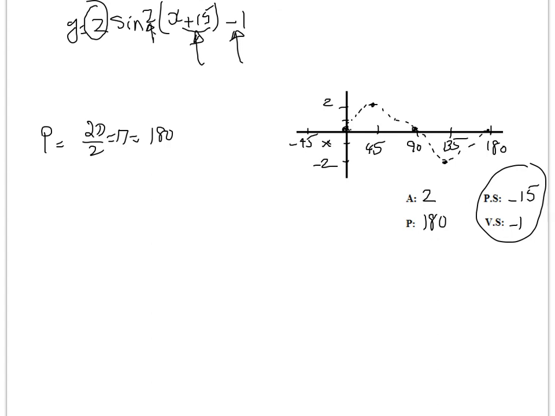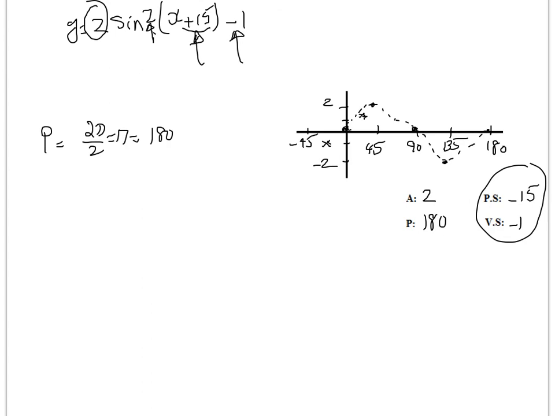Now, the other point I'm going to look at is this point. I'm going to go 15 degrees left and then 1 unit down, which gives me a point which is here.